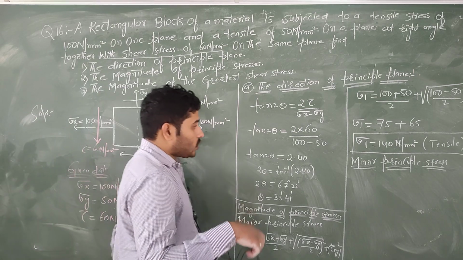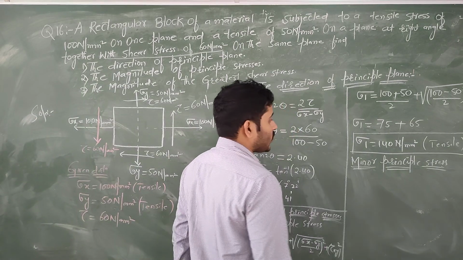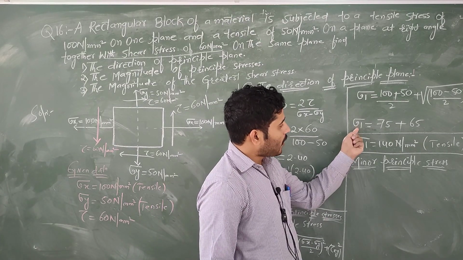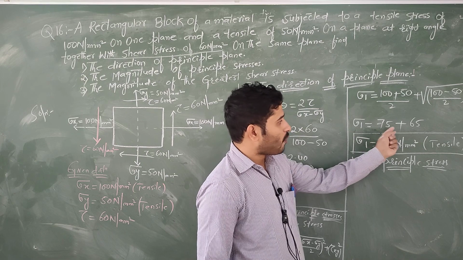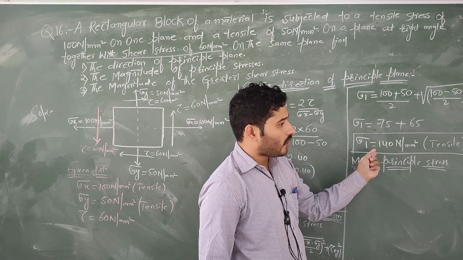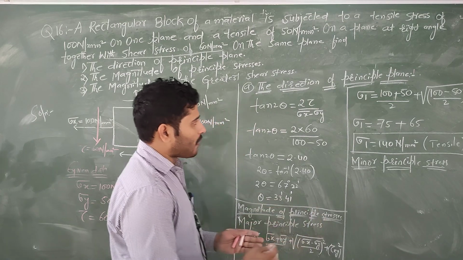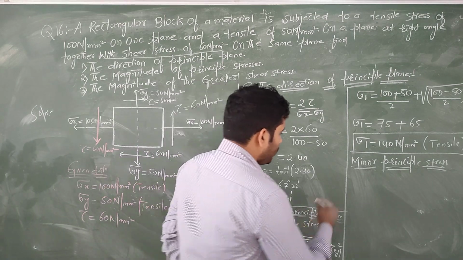But you need to solve by the procedure to get full marks. The shortcut is sigma 2 equals 75 minus 65, which gives 10. But we are solving step by step.